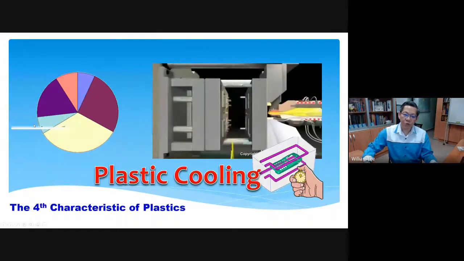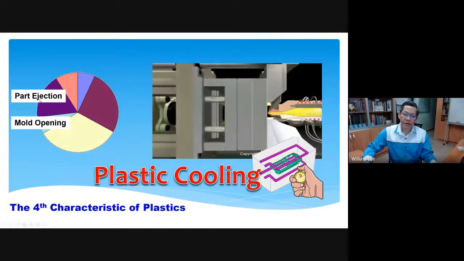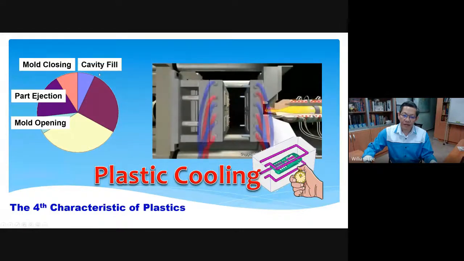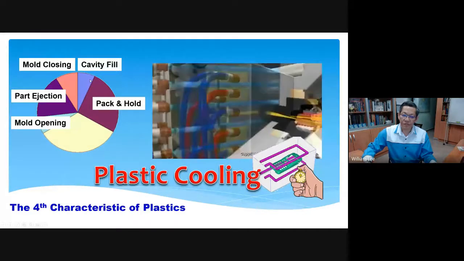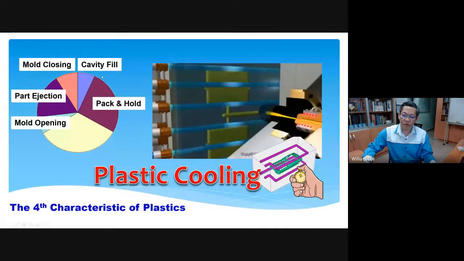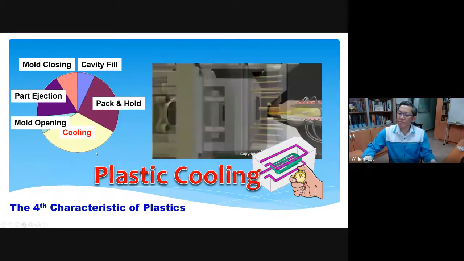So here, the mold opens, and then the part is knocked out, and then the mold closes again, and then you fill up, and then you pack. Fill is very fast, okay? And then you pack and hold. This will take a longer time, and finally, there is cooling. So you can see most of the time cooling will occupy more than 50%.